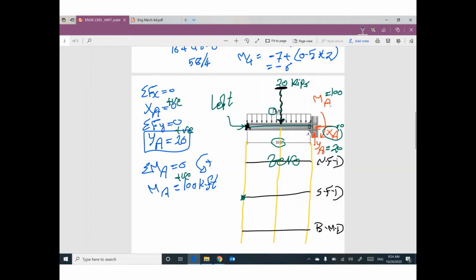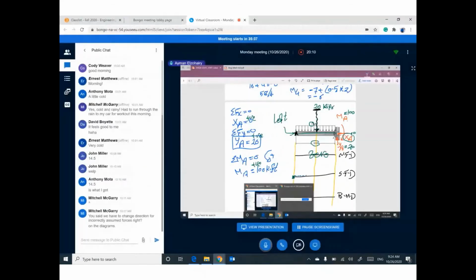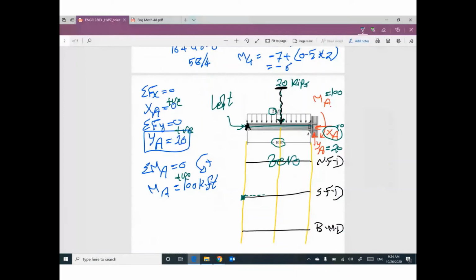I will walk horizontally, but I will walk a dashed line. Why? Because I'm walking inside the distributed load. This point is very important. Please pay attention. Do you have any applied force, or given force, or reaction, or any force?